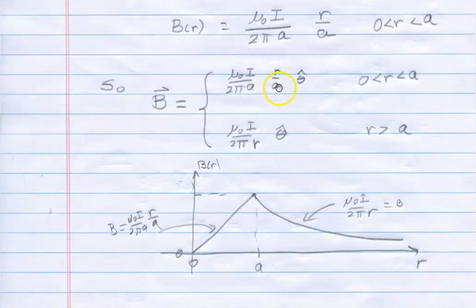At r equal to a, it turns out that both of these, whether this one or the exterior one, both get the same value up here, which is mu naught I over 2 pi a. So this maximum value is mu naught I over 2 pi a at a. It's linearly upward to that on the interior, so the magnetic field increases as you go out radially until you get to A, and then it falls off like 1 over r.